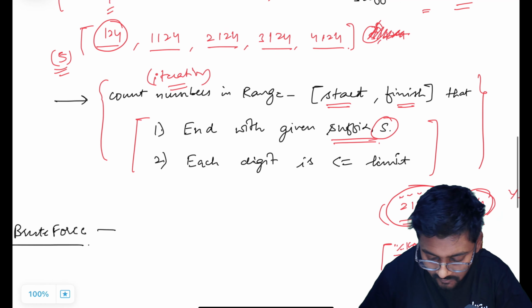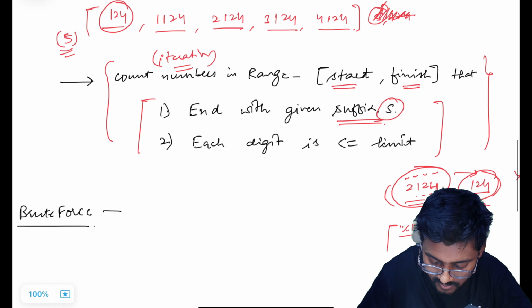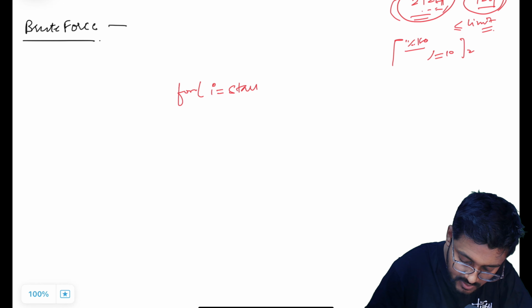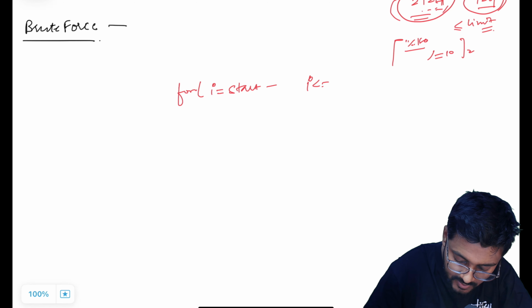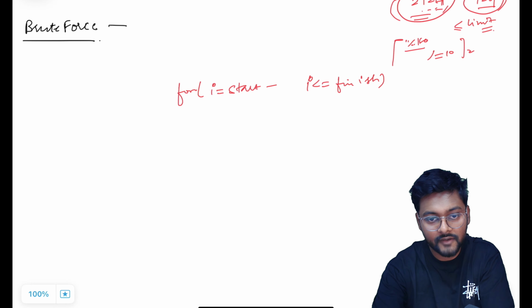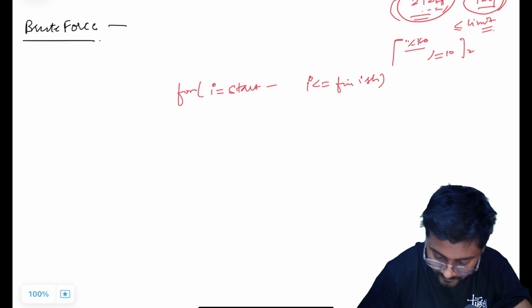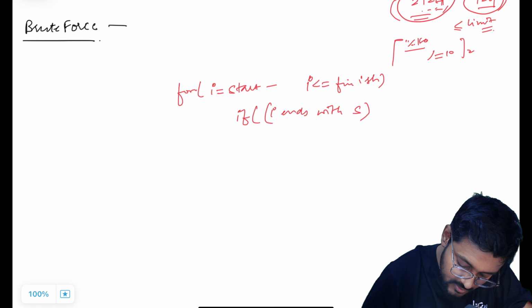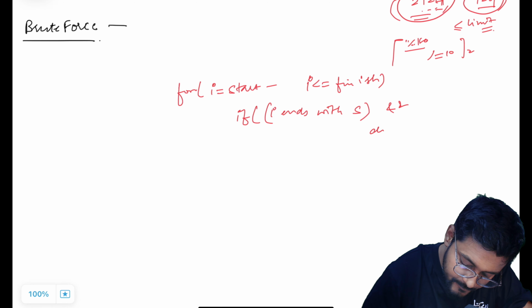So using iteration, we can do that for every number in this range. If I try to write the code, i is equal to start and i less than or equal to finish. Now I have the ith number. What I have to check is whether i ends with the suffix and has valid digits.